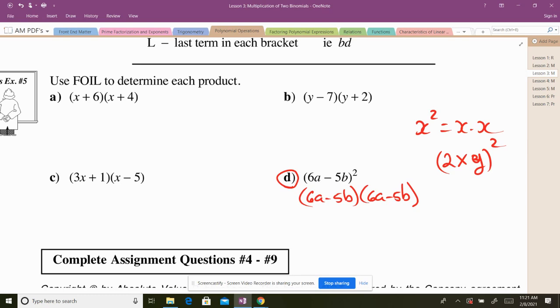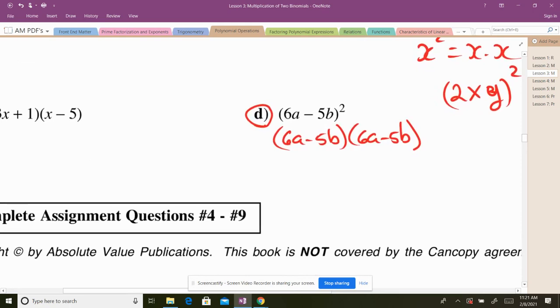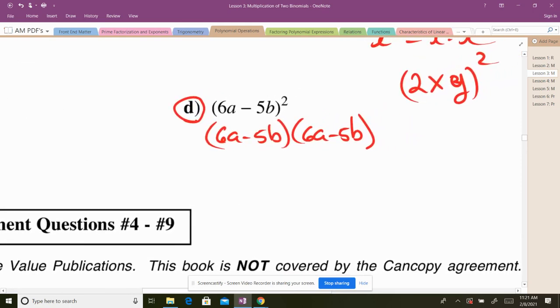Okay? So let's finish this question. This will be the last one for today. So 6a minus 5b times 6a minus 5b. 6a times 6a is 6 times 6. 36a squared, right?